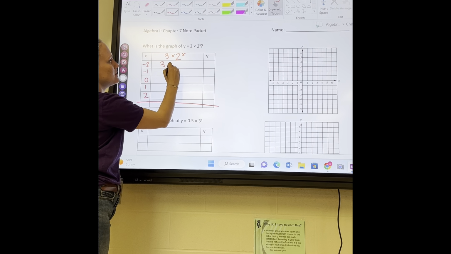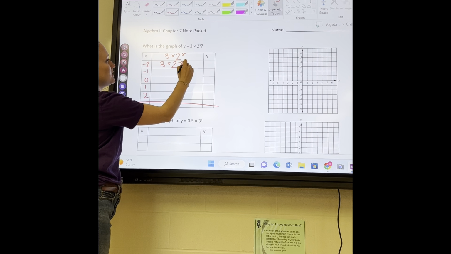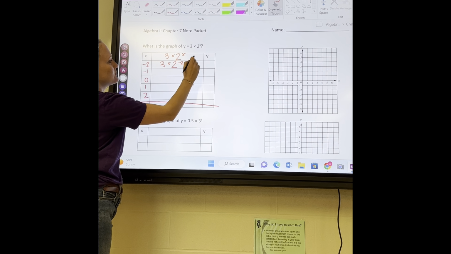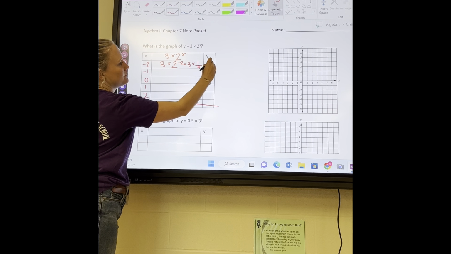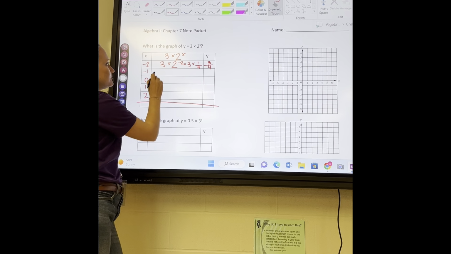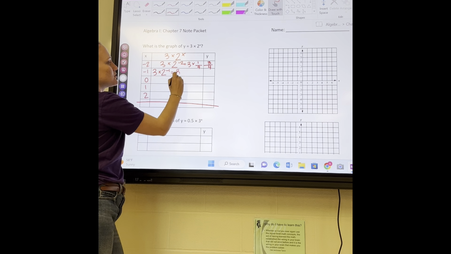So I'll have 3 times 2 to the -2, which is 3 times 1 over 2 squared, which is 4, and 3 times 1/4 is 3/4. And then 3 times 2 to the -1, which is 3 times 1 over 2 to the 1, which is just 2.